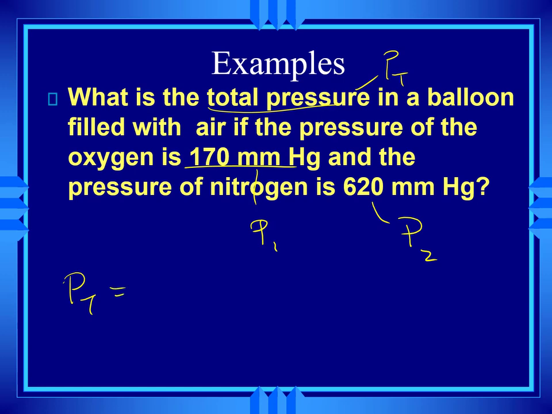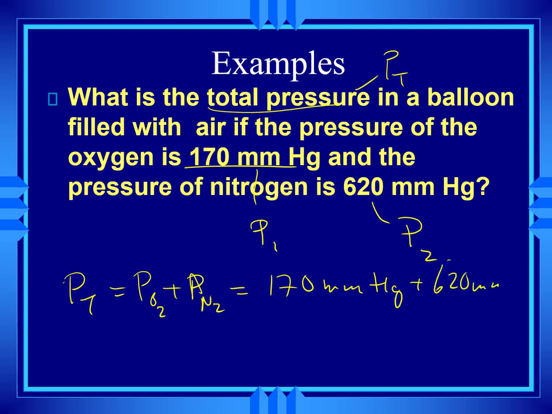Dalton's Law of partial pressures. P total is going to be the pressure of oxygen plus the pressure of nitrogen, which is 170 millimeters of mercury plus 620 millimeters of mercury. My calculator says 790 millimeters of mercury. Is my calculator right?